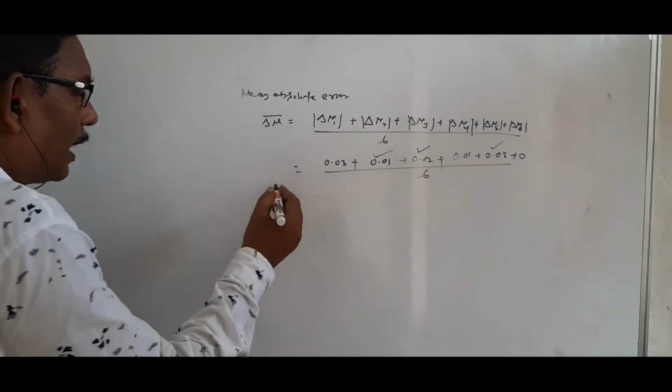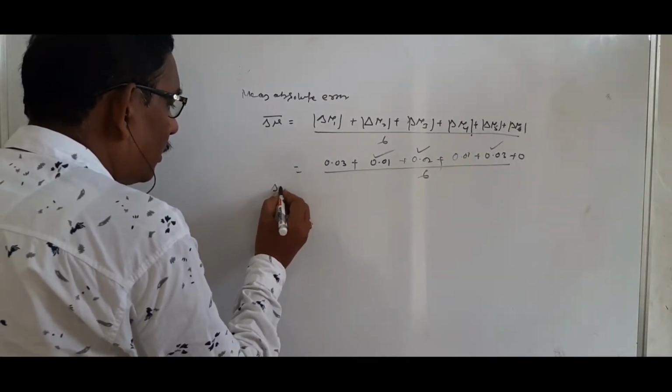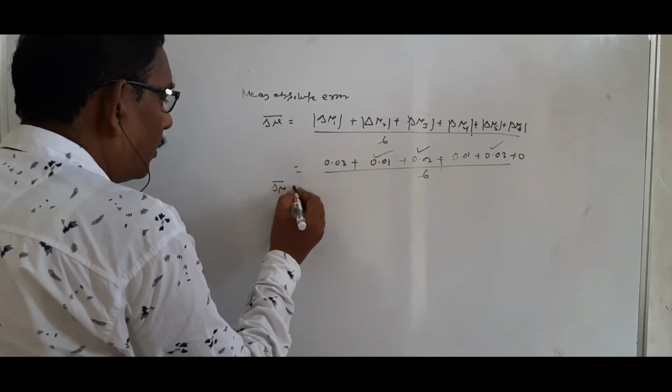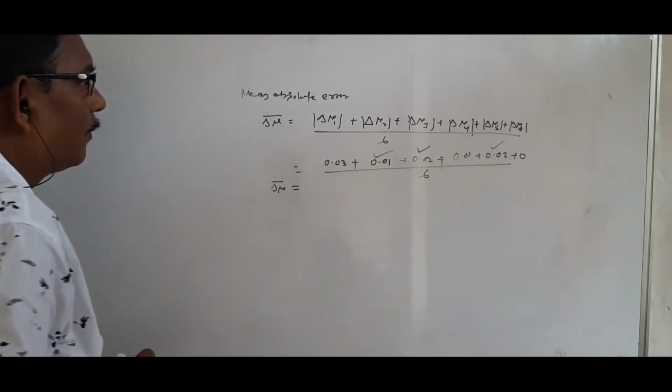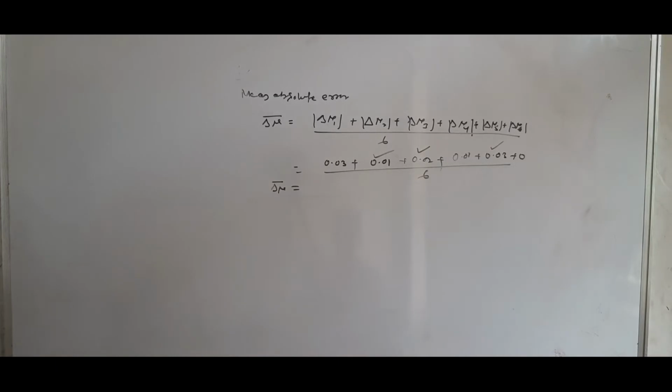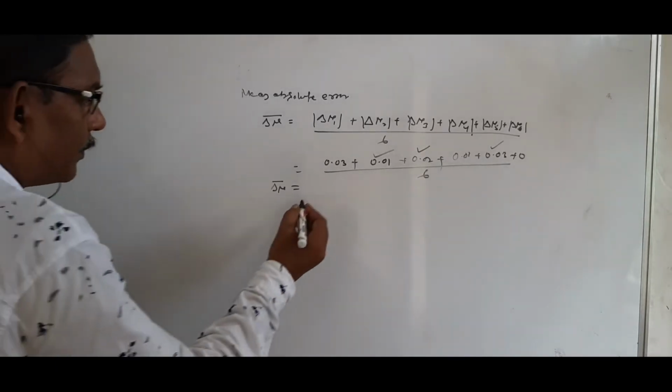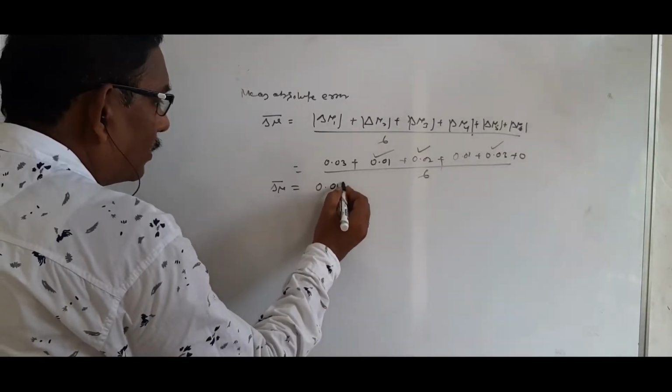Now, after calculation, the mean absolute error of the refractive index is found to be 0.016.